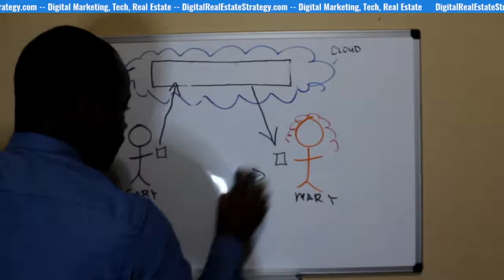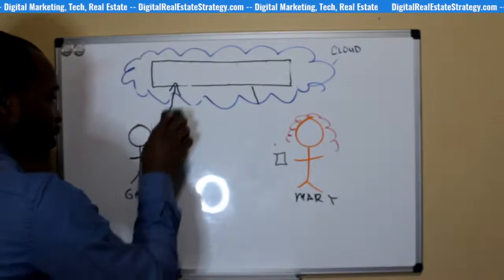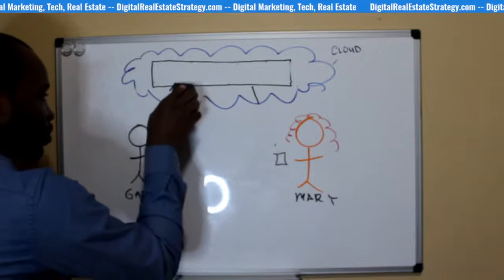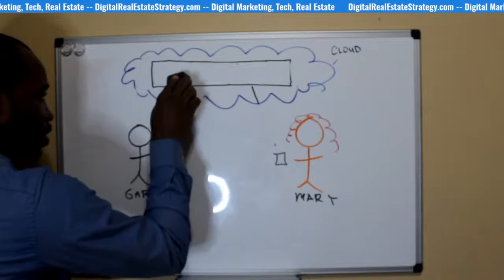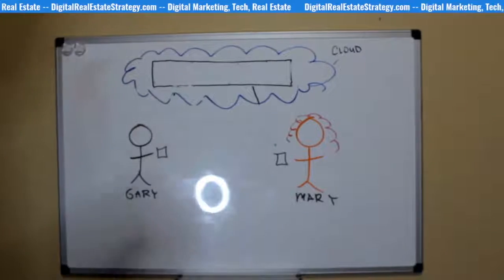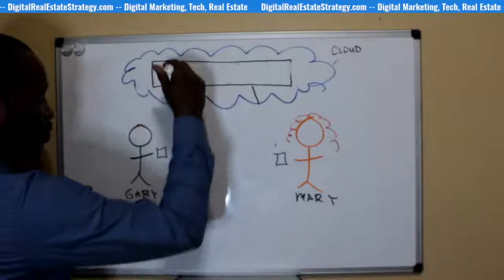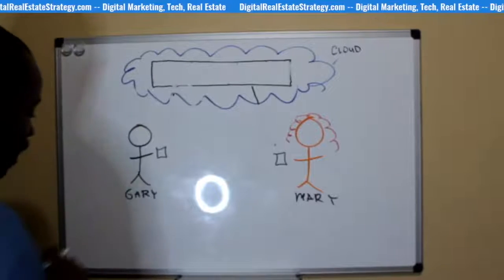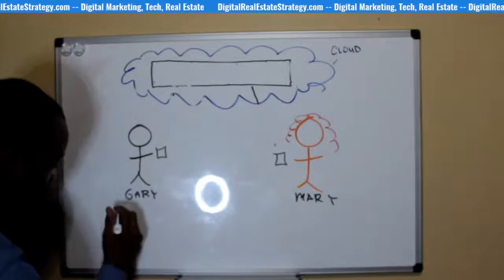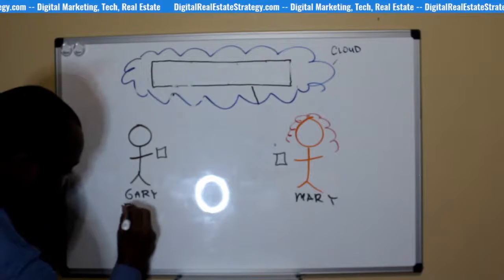So let's make you some space. It all takes place in that cloud, and I love technology. That's why I'm explaining this stuff to you in simple terms. Everything takes place in this cloud, and this is where all of the magic happens, the technicality. So, right? So Gary has, let's give Gary an iPhone.